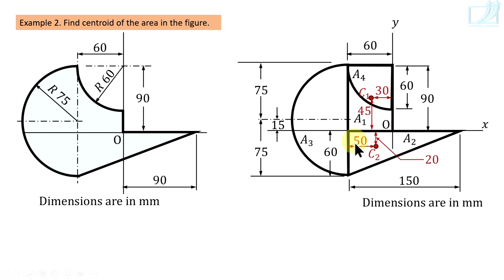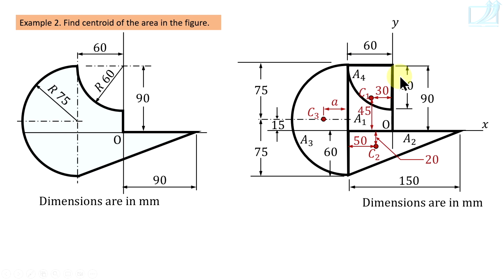The horizontal edge is 150, so 1/3 of 150 is 50. Now what do you know about the centroid of a semicircular area? It lies on its axis of symmetry, at a distance 4r by 3 pi. Right now I have labeled that distance as A and I'll show calculations here for A.